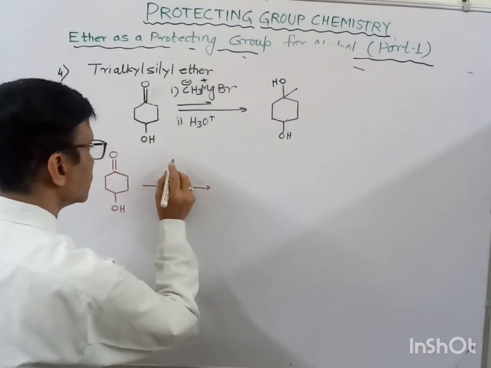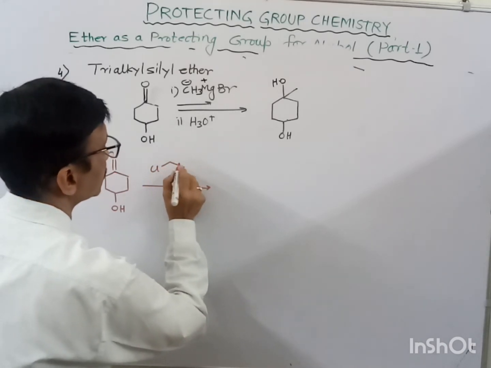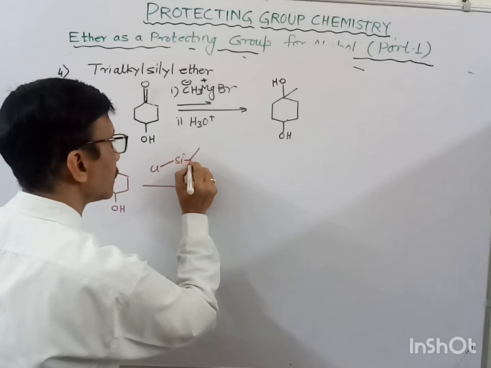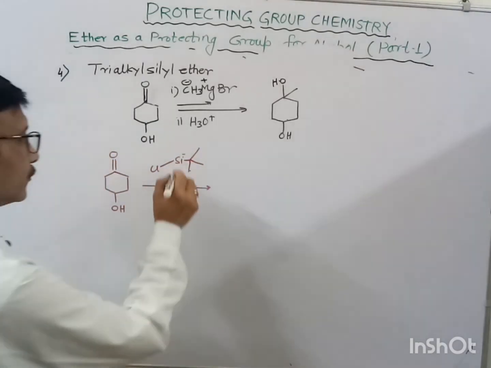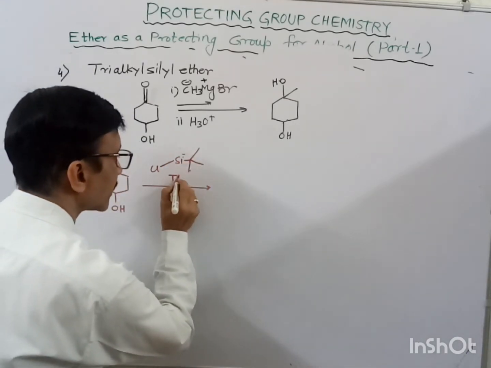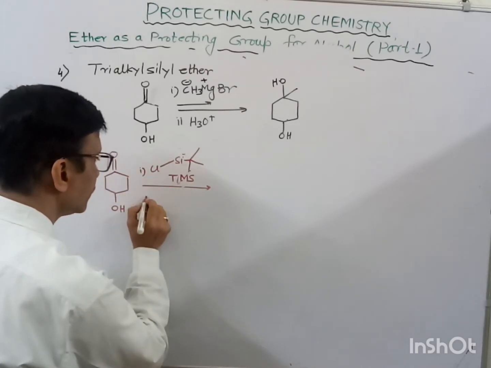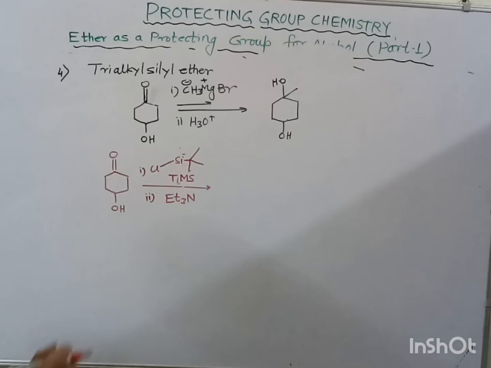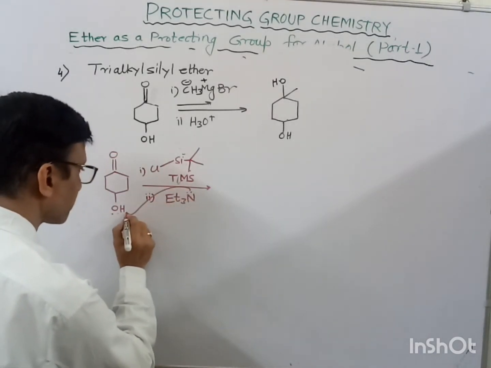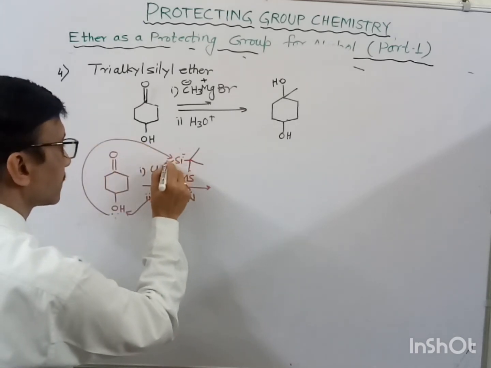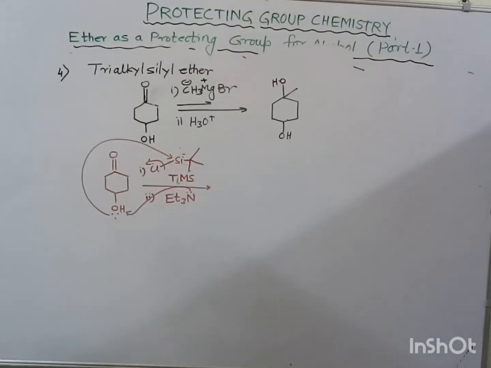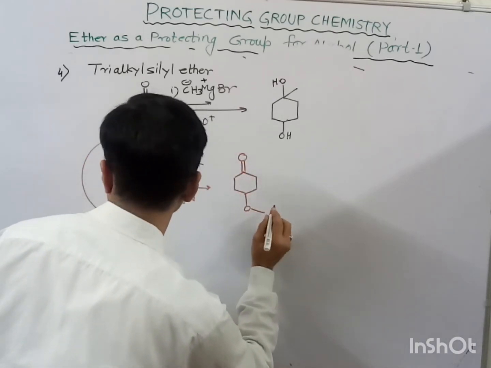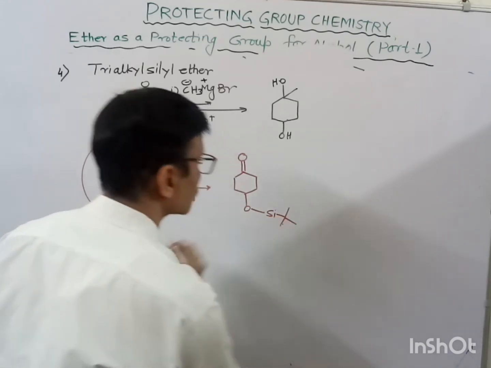Let's first protect it by using trialkyl silyl chloride. So we have trimethylsilyl chloride, and first of all using triethylamine, this OH group may be protected.